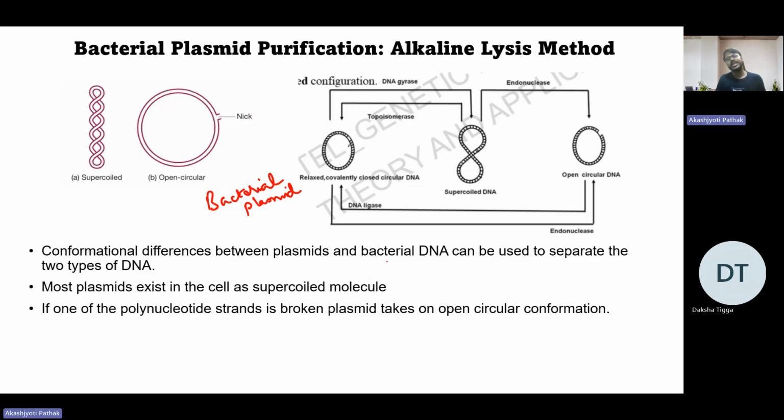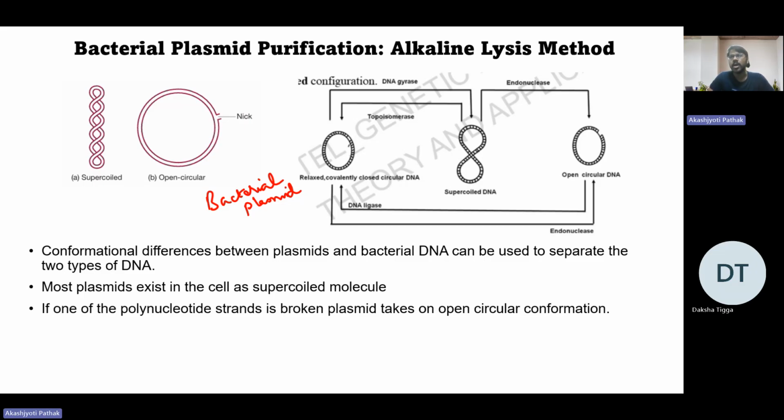Most plasmid in the cell exists as a supercoiled molecule. When you are trying to isolate the plasmid, once you lyse the bacterial cell, your lysate will have both the bacterial genome and the plasmid. You want only the plasmid, not the bacterial genome. So how can you purify the plasmid from the lysate?